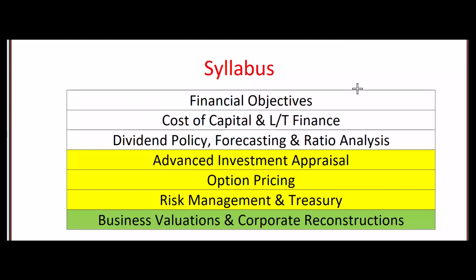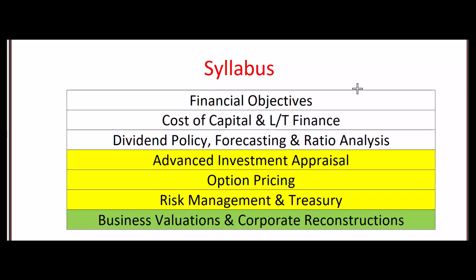Now, when you compare ACCA AFM with its related paper of financial management, what you see at the professional level compared to applied skills is a much narrower syllabus with more depth.